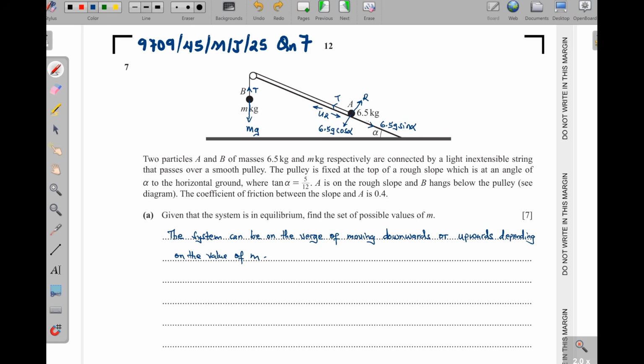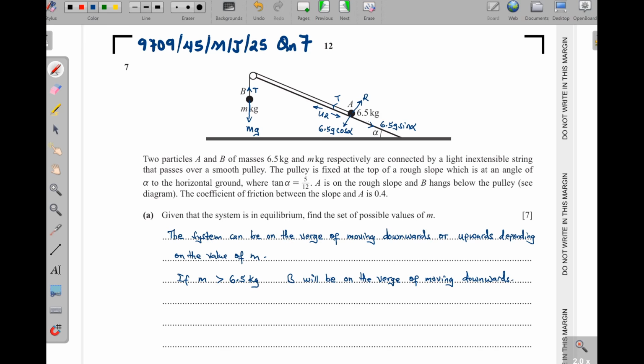So if m is greater than, let's say, 6.5 kilograms, then this B will move downwards. This one will be on the verge of moving upwards. So we shall say B will be on the verge of moving downwards.